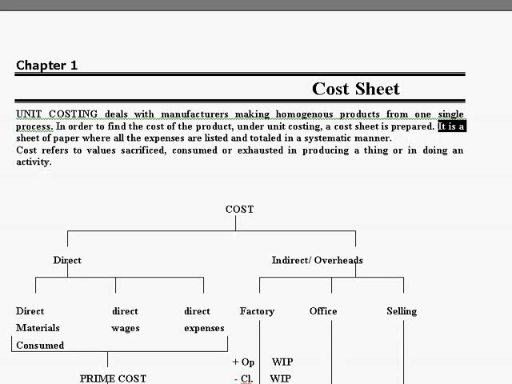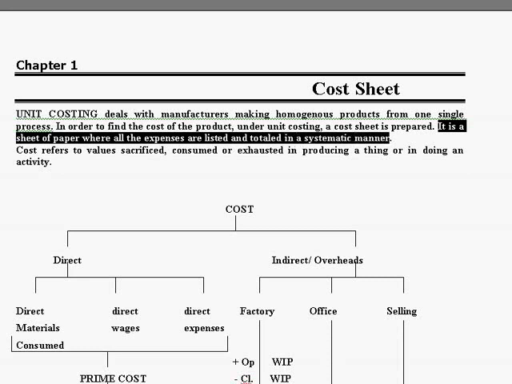It is a sheet of paper where all the costs are listed and totaled in a systematic manner.